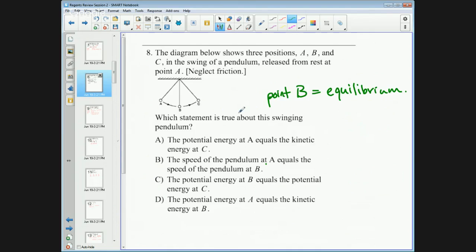So this is actually where the kinetic energy and the potential energy exchange. That's when they convert. So that might be why D is the correct answer. Any other questions?